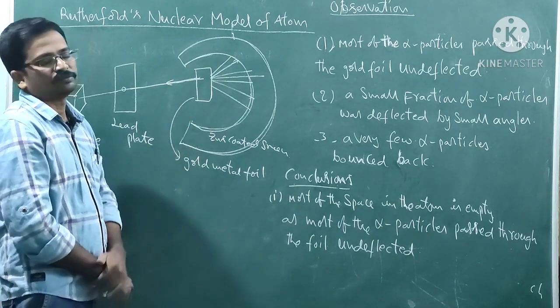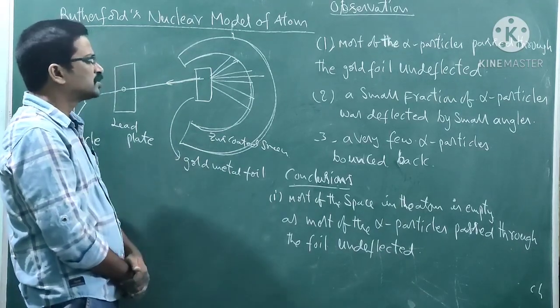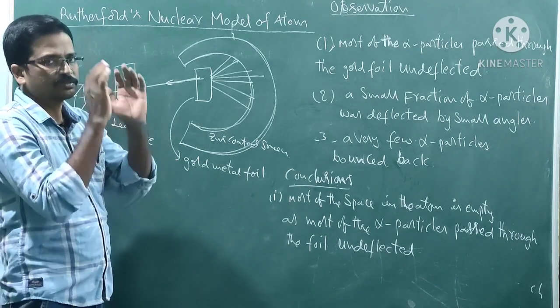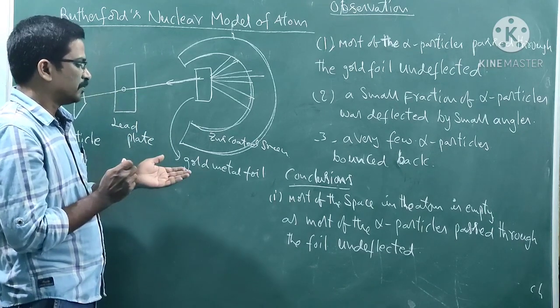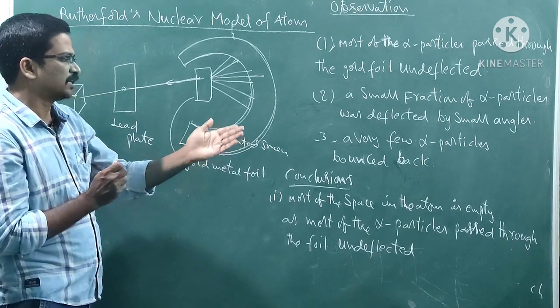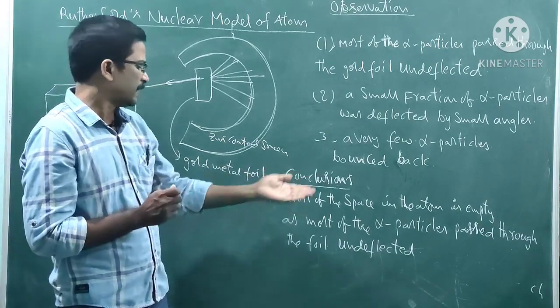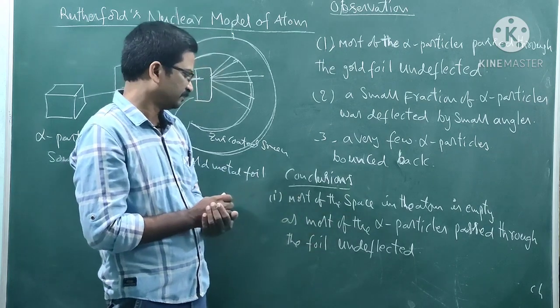Then he concluded that most of the space in an atom is empty, as most of the alpha particles pass through the foil undeflected.